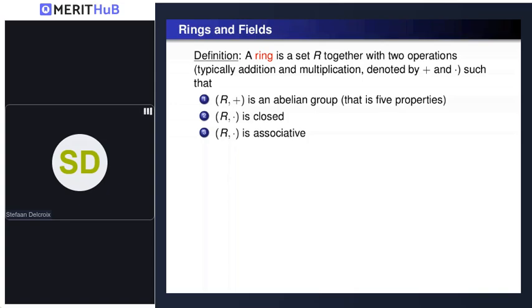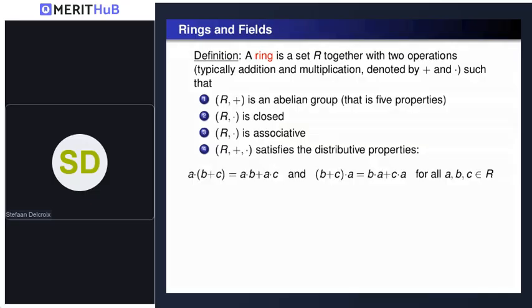So you don't require commutative, identities, or inverses for the multiplication. And then there is one extra property, something that relates the addition and the multiplication together, and that's called the distributive properties. Namely, A times B plus C is A times B plus A times C, and B plus C times A is B times A plus C times A. Those are the properties that you need for a ring.